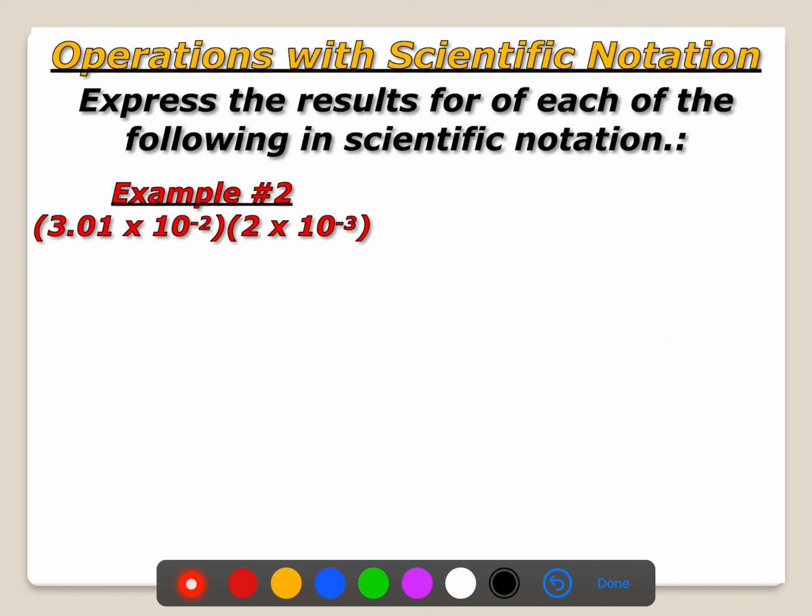Okay, let's just do a few more. All right, so I have another multiplication problem. So take your coefficients and multiply. So 3.01 times 2, 6.02 times 10 to the, and we're going to add our exponents.